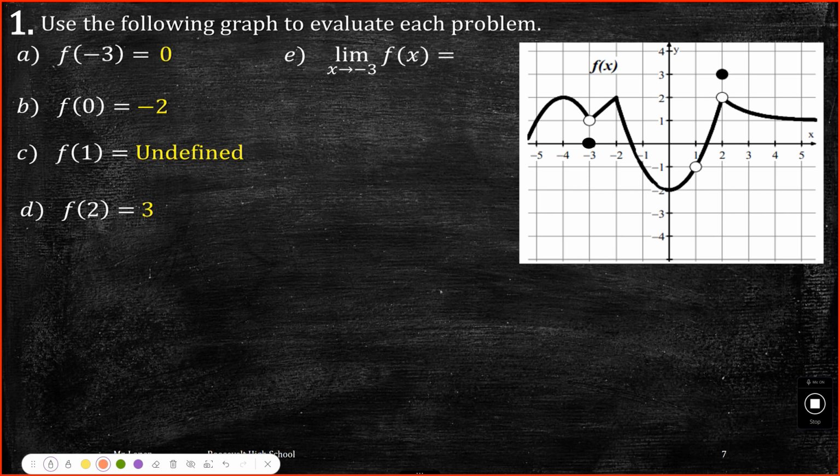Let me explain. The limit is the y value as we approach that x number, negative 3. You get on the car and you drive towards -3, and from this side, you're driving towards it as well. Are we approaching the same y value from the left and from the right? Yes or no? Yes. That's all.